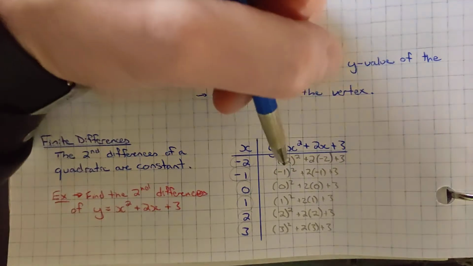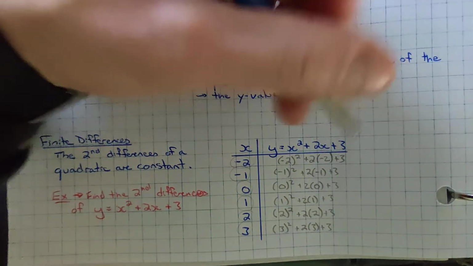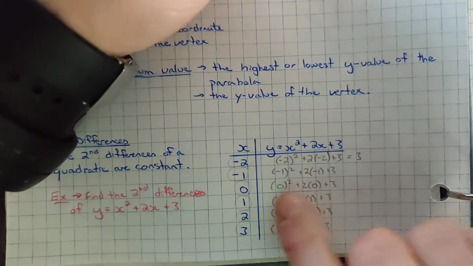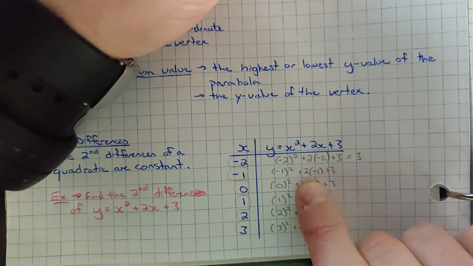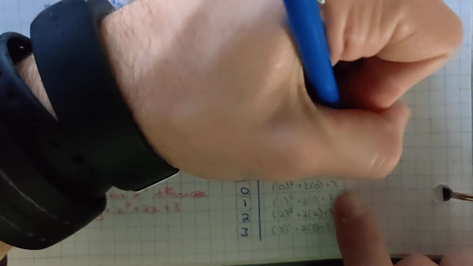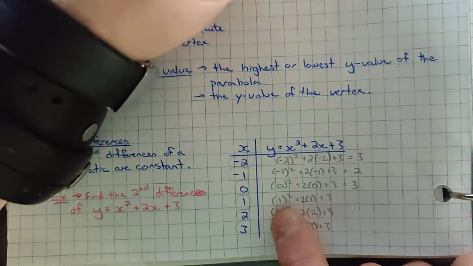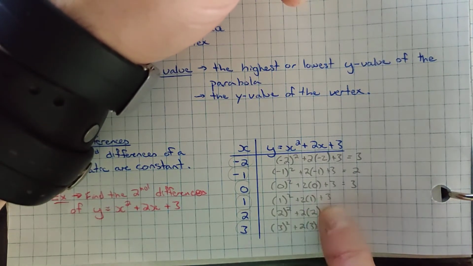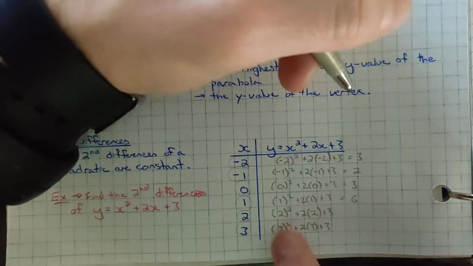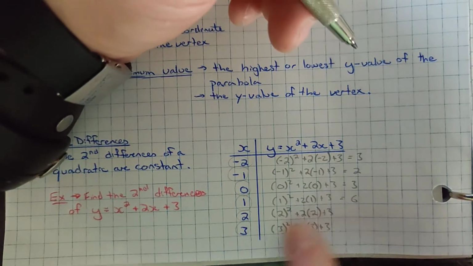And then we're going to calculate all these. So we have 4 minus 4 plus 3. So that is 3. 1 minus 2 plus 3. So that's going to give me 1 minus 2, so -1, plus 3 is going to give me 2. 0 plus 2 plus 3, that's going to give me 3. 1 plus 2 plus 3, that's going to give me 6. 4 plus 4 plus 3, that's going to give me 11.